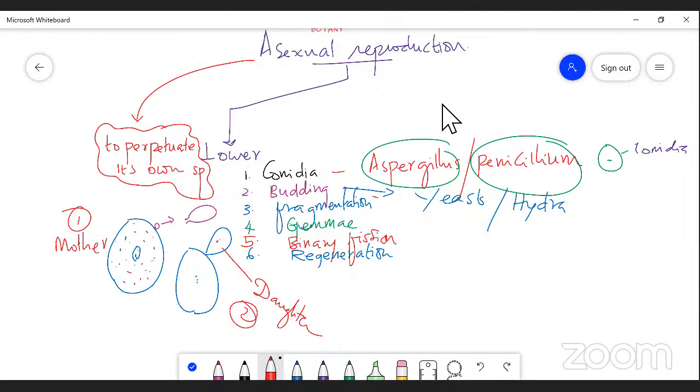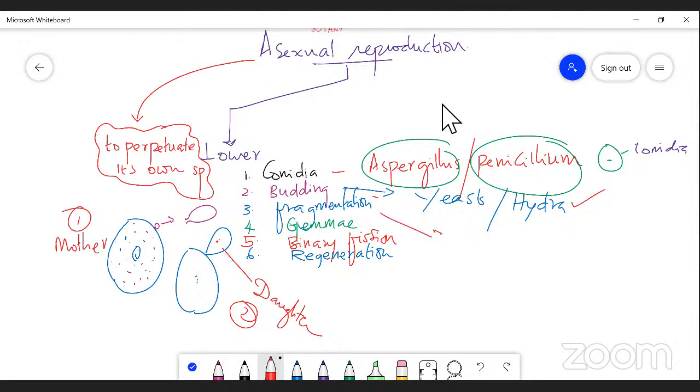So budding is a process by which a bud-like structure arises from the mother cell of yeast, gradually develops, attains maturity and detaches, and finally it falls on a suitable substrate and develops into a new organism. The examples are yeast and hydra.